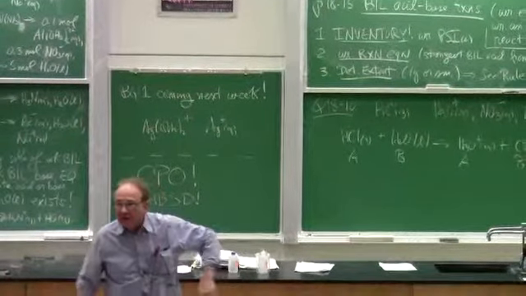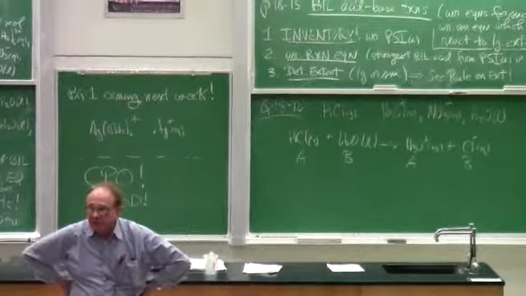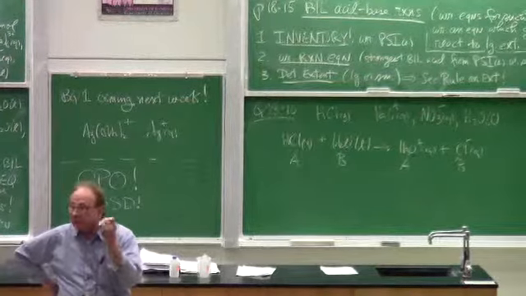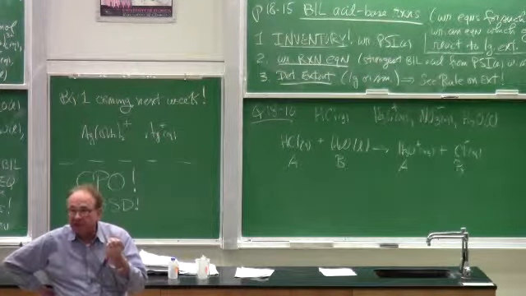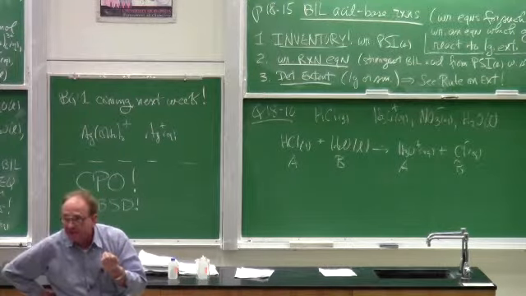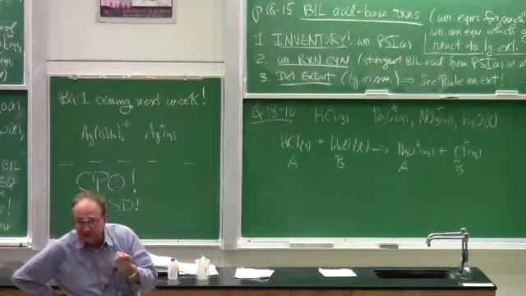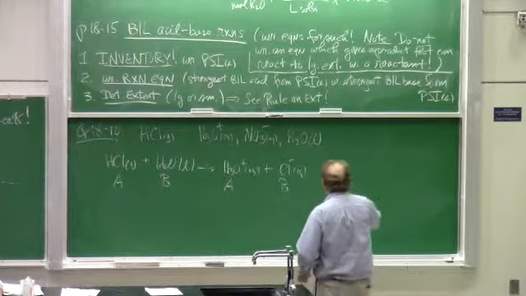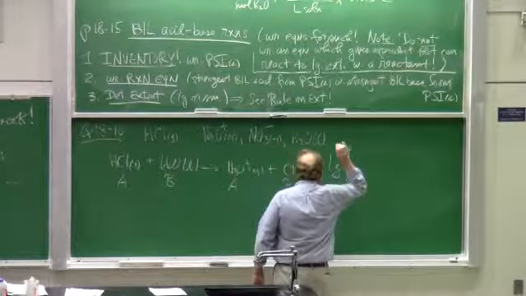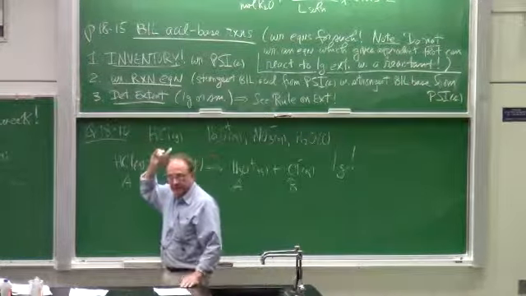Yes. Do I expect this to proceed to a large extent or small extent? Because when I go from a stronger acid to a weaker acid, I'm on the path to significant increase in stability. Large extent, you betcha. And that takes care of that.